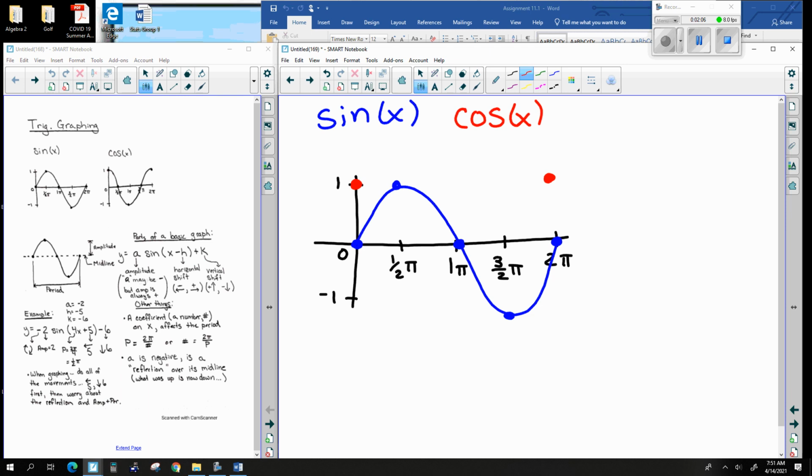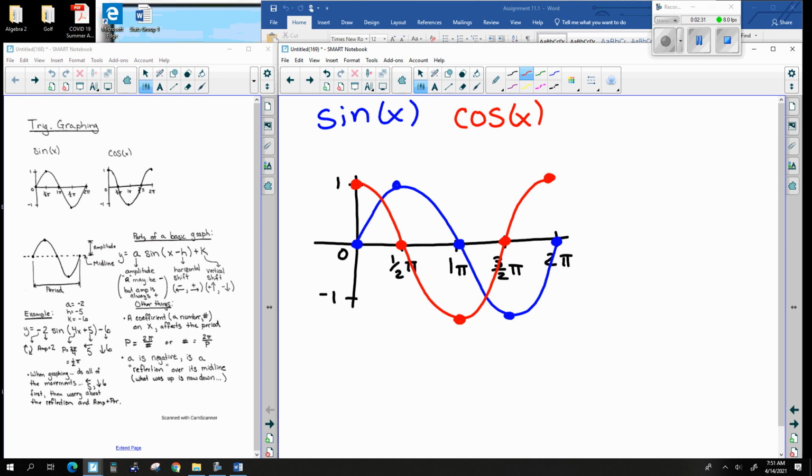That means its middle will be at the bottom, and in between those will be on this middle part. That is a cosine graph. So sines start in the middle, cosines start at the top, but again, it will have a height of 1 and a period of 2 pi.